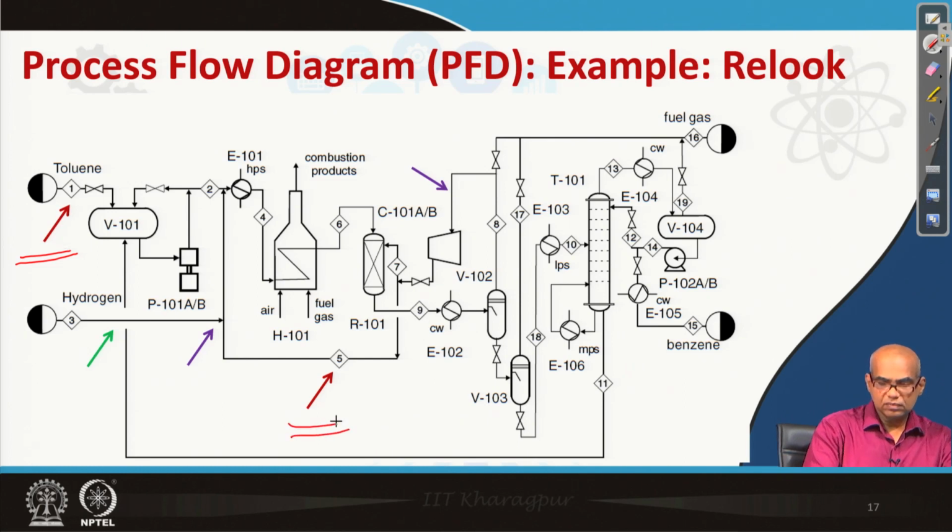Similarly, this is another diamond symbol which contains number 5 for the process stream. Here you can see that the vertical line is broken. This shows the arrow for the direction of the flow.